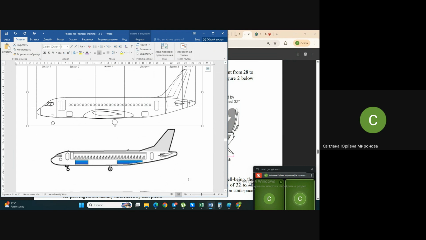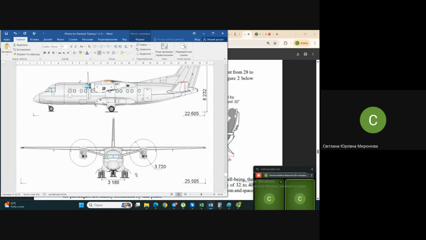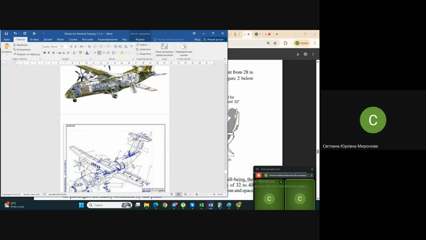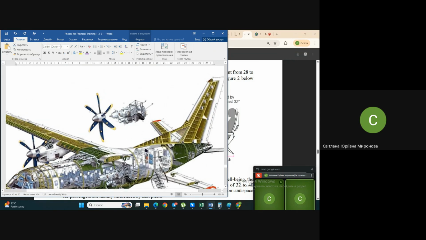Once again, I remind you, because it's a low wing, and through this middle the center wing passes. It's already taken by other elements. It's not the place for a luggage compartment.